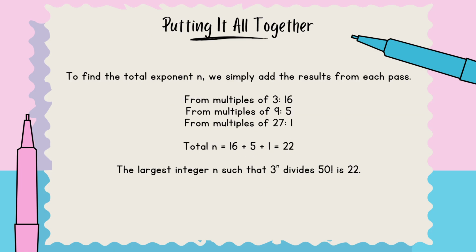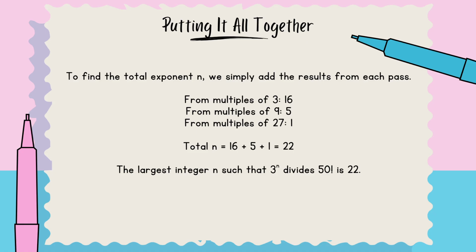To find the total exponent, we can simply add the results of each pass. For the multiples of 3, when we were grouping just by 3, there were 16 factors. When we were grouping by 3 multiplied by 3, that is 9, there are 5 groups.